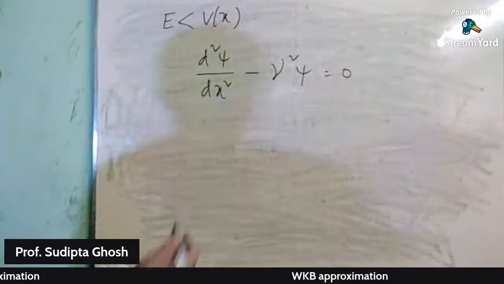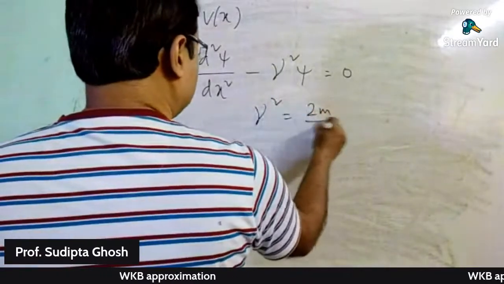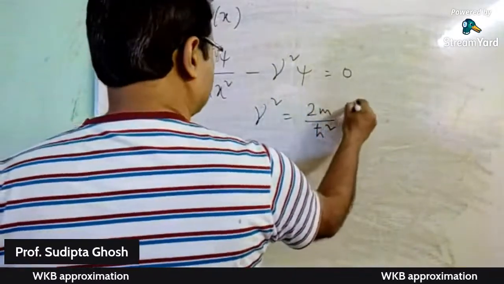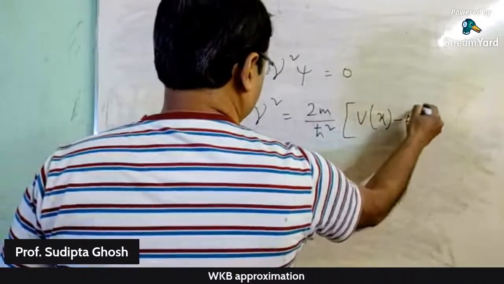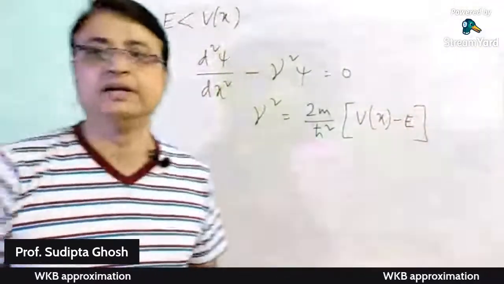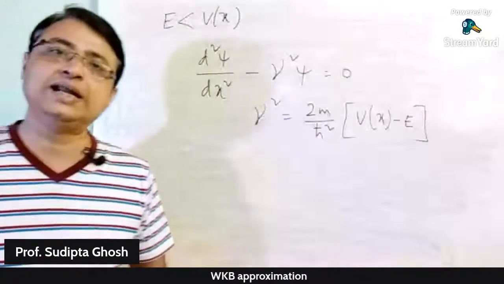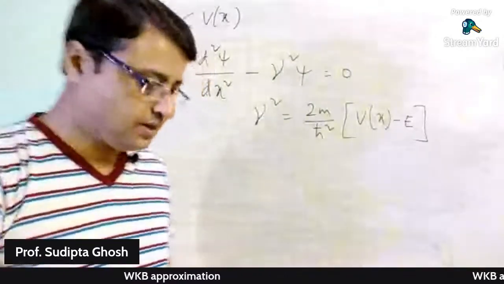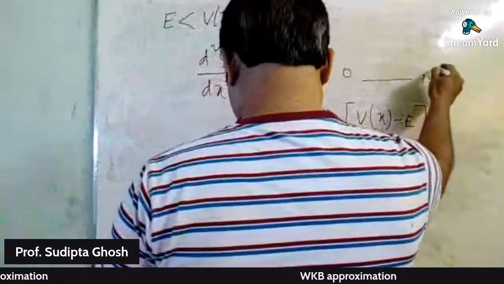Now gamma squared is actually the term twice m by h cut square times V(x) minus E. So here the potential of the region is actually greater than the energy of the particle. So let it be equation 15.